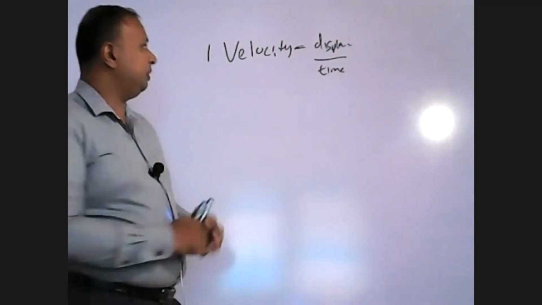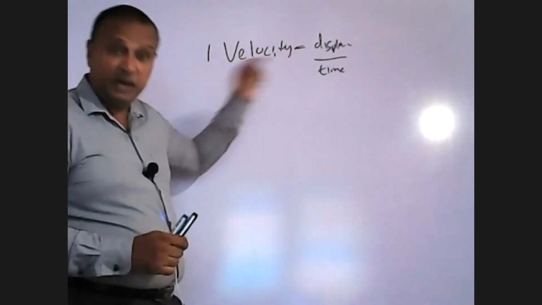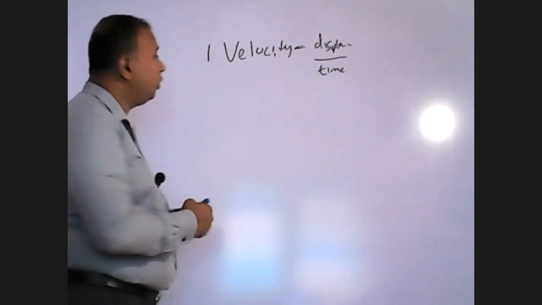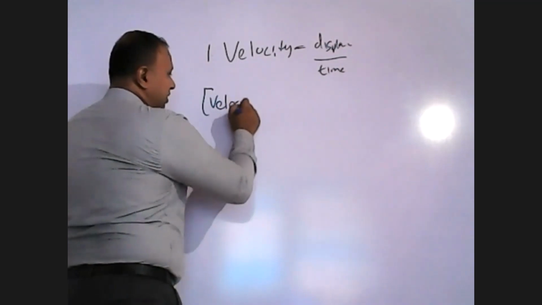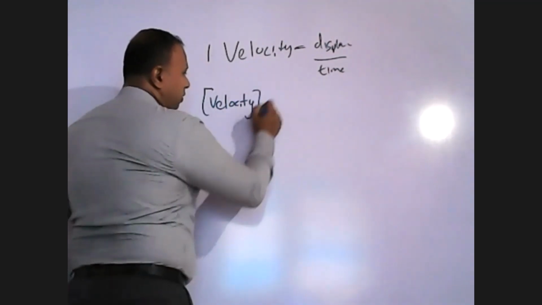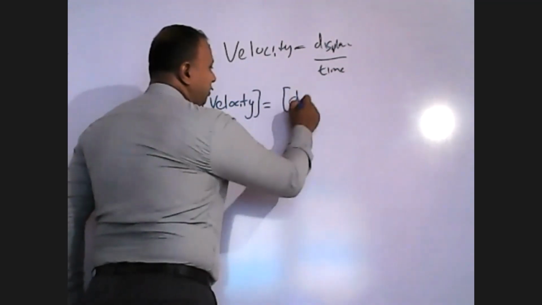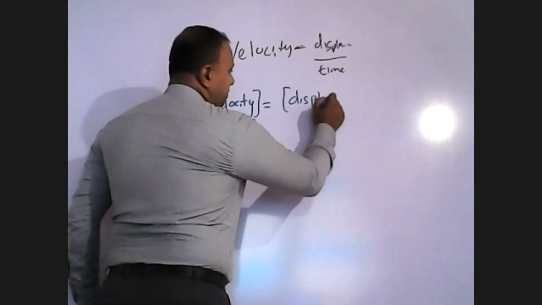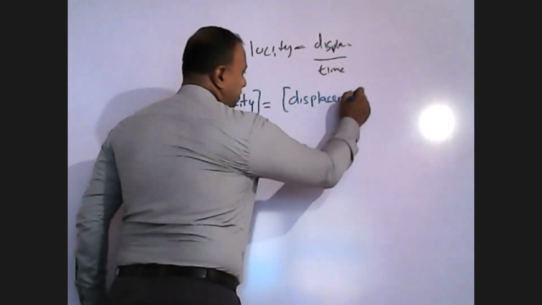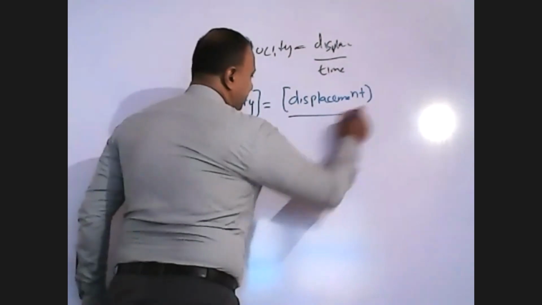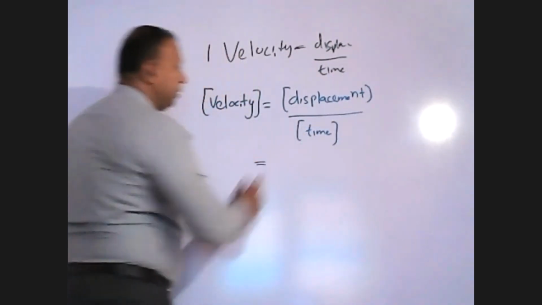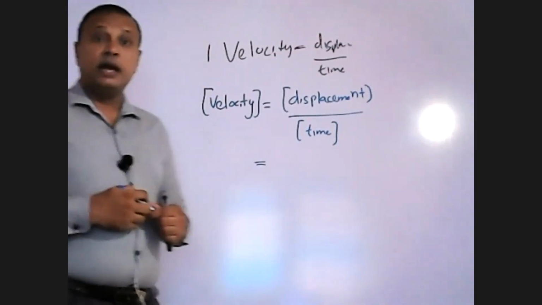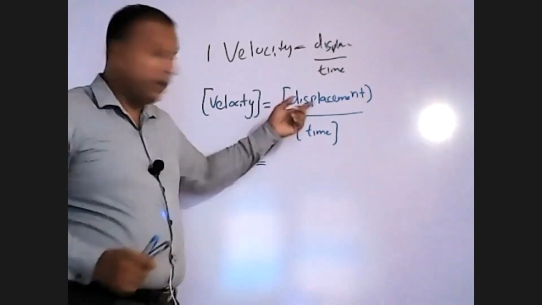In this case, velocity is equal to displacement over time. So the dimension of velocity is equal to the dimension of displacement over the dimension of time.